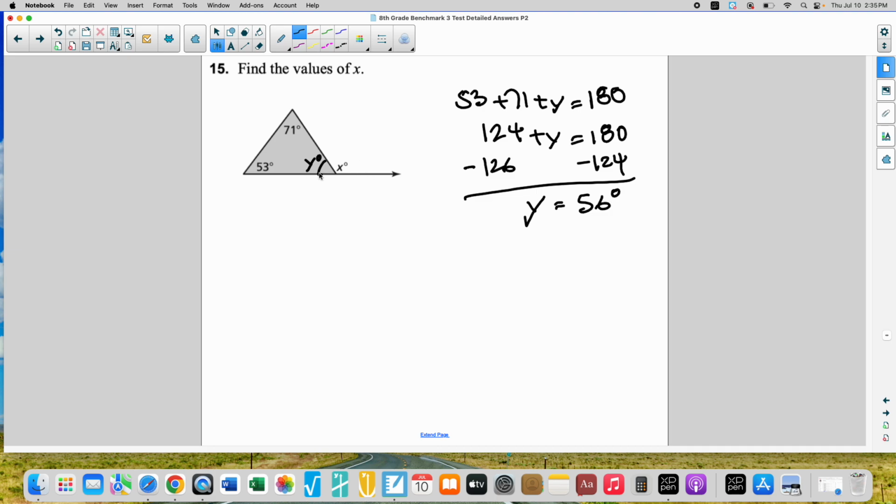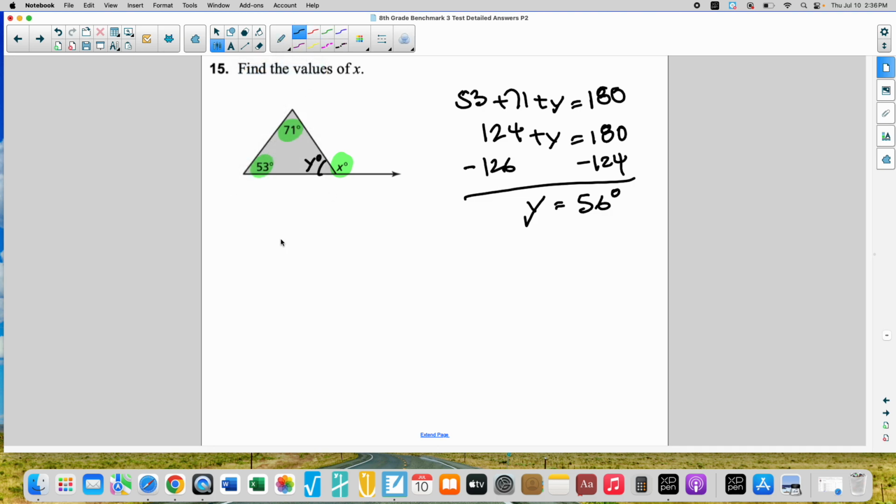Now we know that y plus x should equal 180 degrees. If this is y, which is 56, these opposite angles will equal each other. That is a geometric law that the exterior angle is going to be equal to the sum of the two interior opposites.